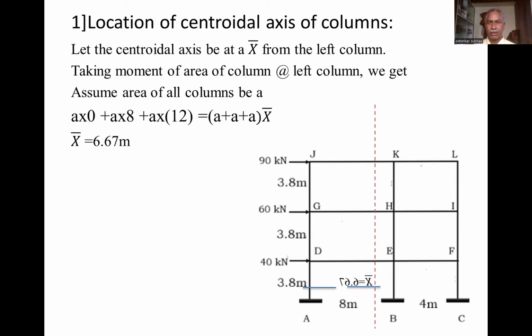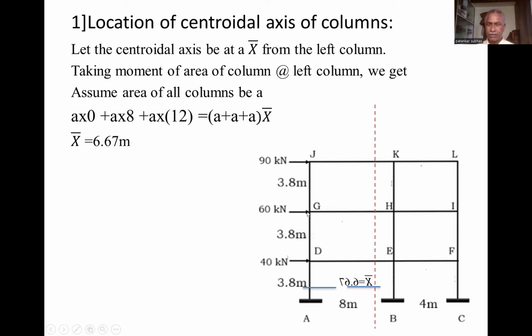First of all, we locate the CG of the frame as per the assumption. We have considered this vertical red line as the centroidal axis, and this distance is measured from the left column, that is ADGJ. From this we find the x bar. Taking moments about the left column A, D, G and J, we get the CG of the frame.